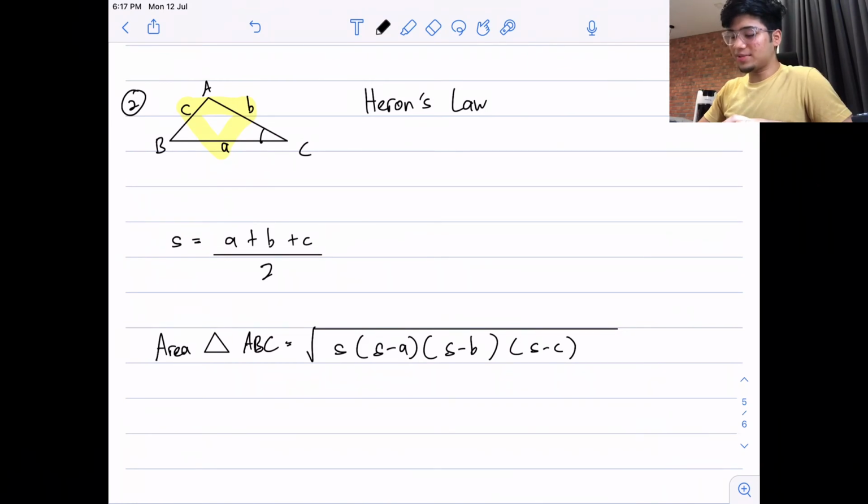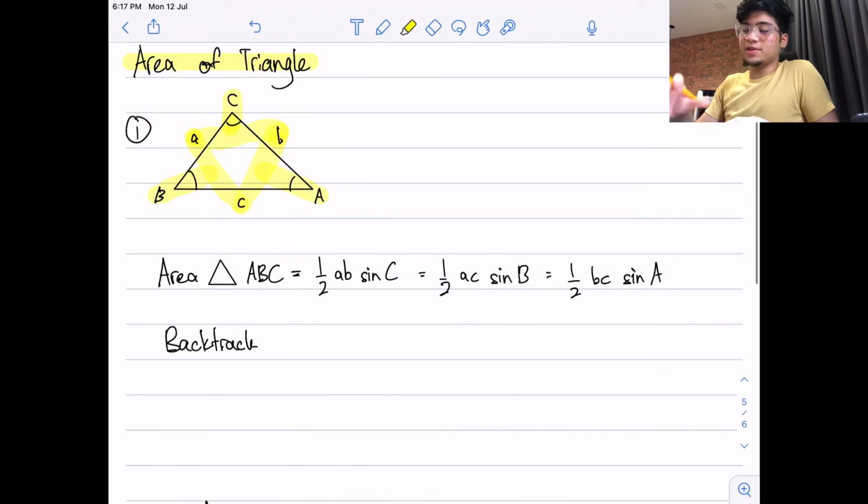But this formula is adding all the sides and dividing it by 2 to get the S, and then you just sub in the S all over in here and then subtract A, B and C, and then square root it to find the area. But yes, that's basically Heron's law. But honestly, I still prefer the first one, the area of the triangle one, because it's just easier to remember. And having two formulas to do one thing kind of makes you confused, so it's better to just be better at the other one, yeah.